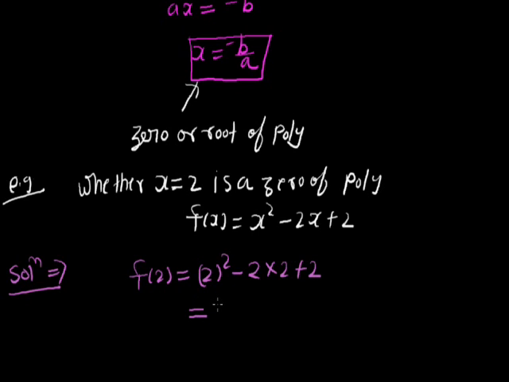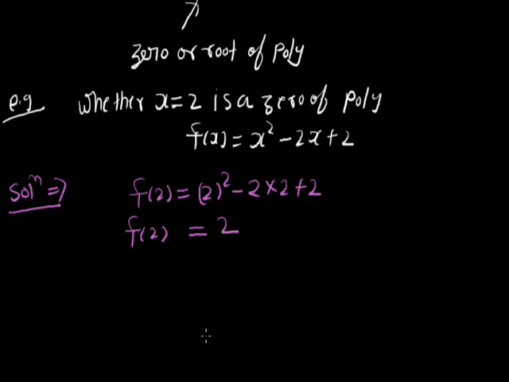So the value of f of 2 comes out to be 2. So f of 2 is equal to 2, which means the value of this expression at x is equal to 2 is not equal to 0, it is equal to 2. So x is equal to 2 is not a zero of this polynomial.